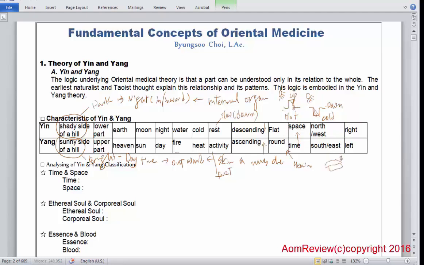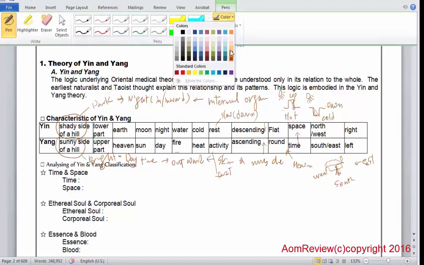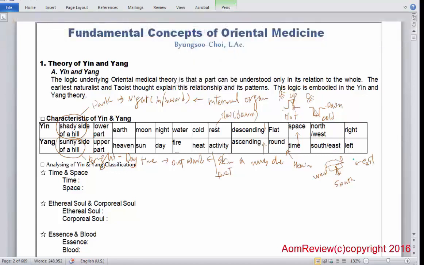When building a castle or kingdom, it usually faces south. If someone stands here facing south, his left side will be east and his right side will be west. The sun always rises from his left side, goes to the top, and then goes down to his west side.